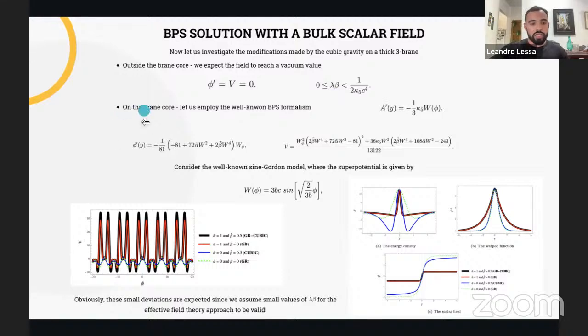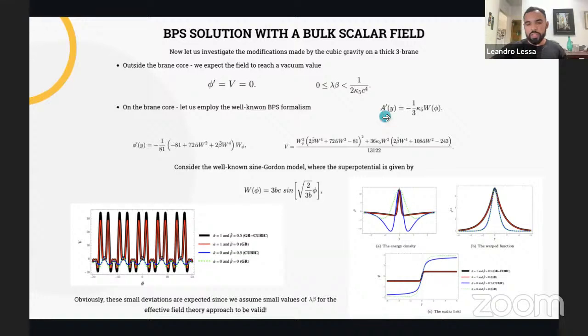And another region is here in the brane core. Here you need to use the well-known BPS formalism. Everybody who works with branes will know that it's like a cake recipe.